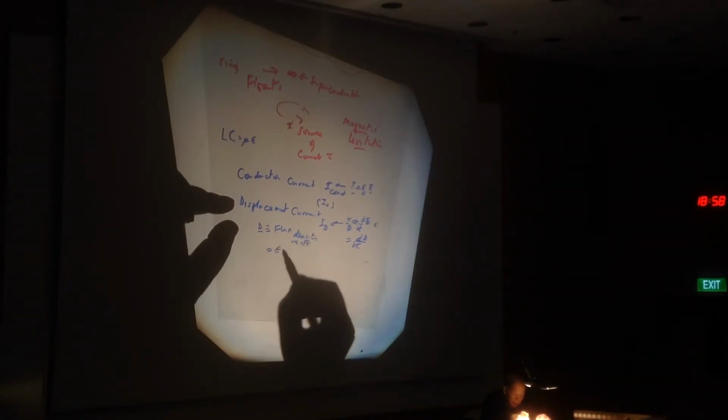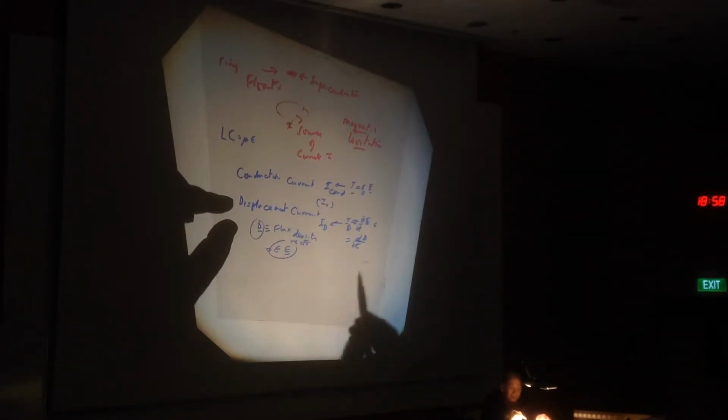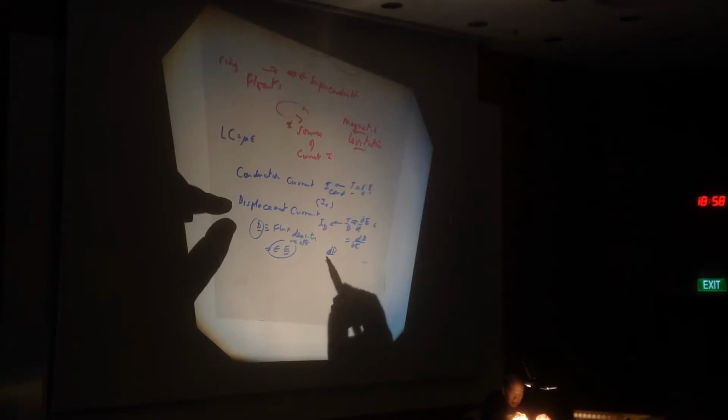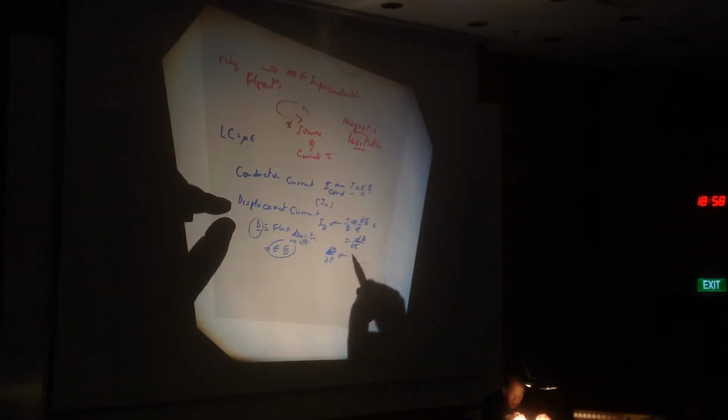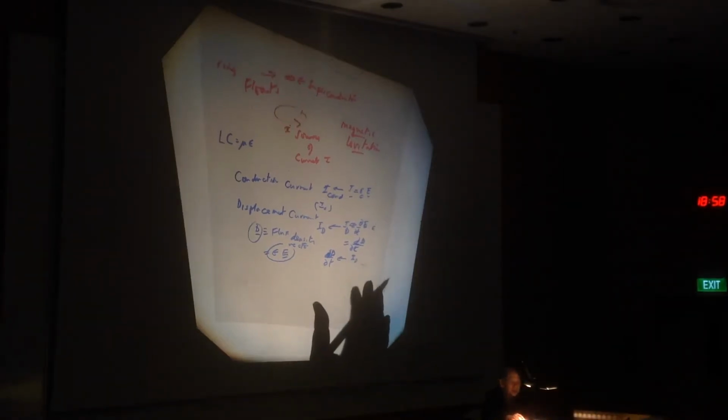As we know, it is epsilon times E. So the rate of change of this with time, dD by dt, is what constitutes your ID, the displacement current density.